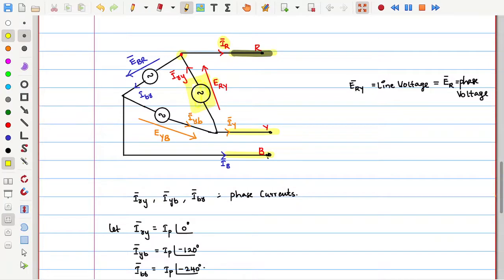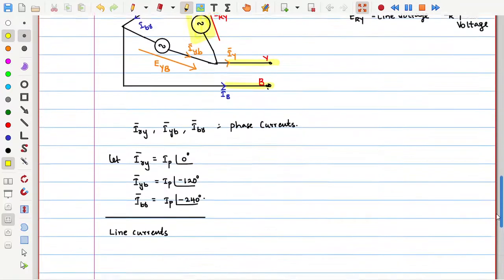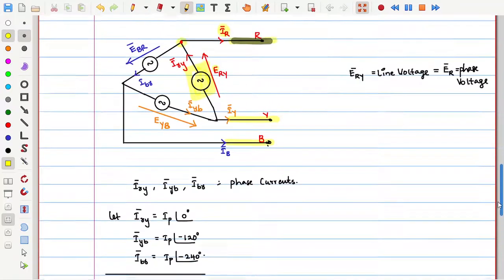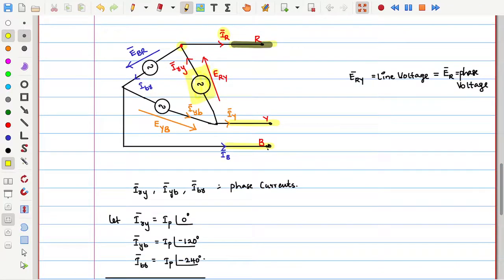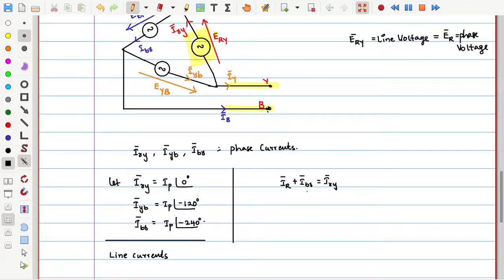So entering currents are equal to leaving currents. Let me write here by looking at the diagram. IR is leaving and IBR is also leaving. What is entering? IRY. So this is one case.